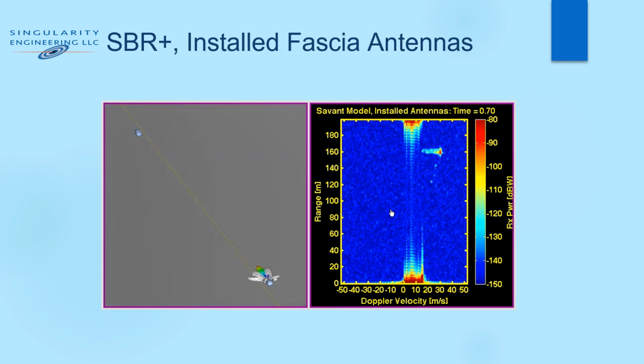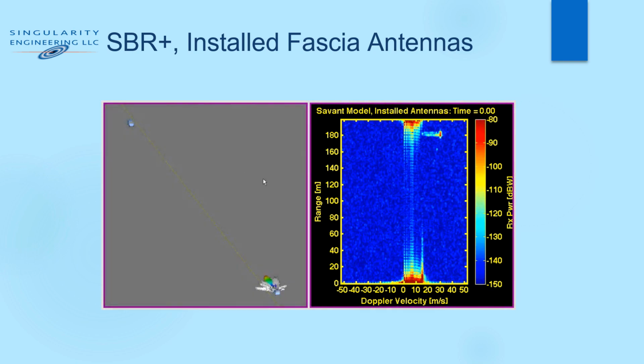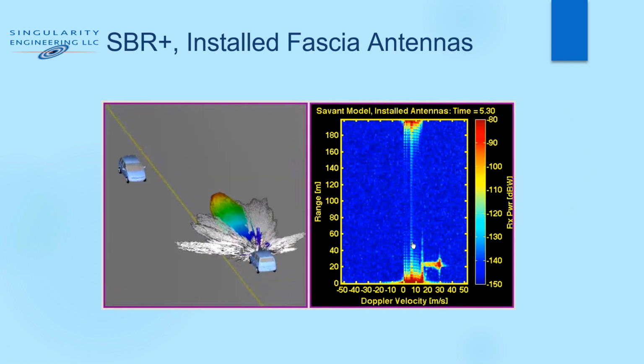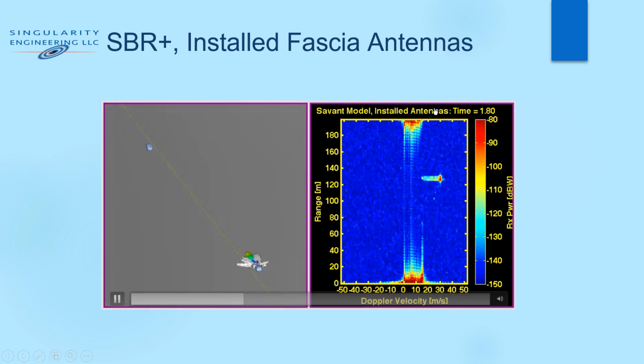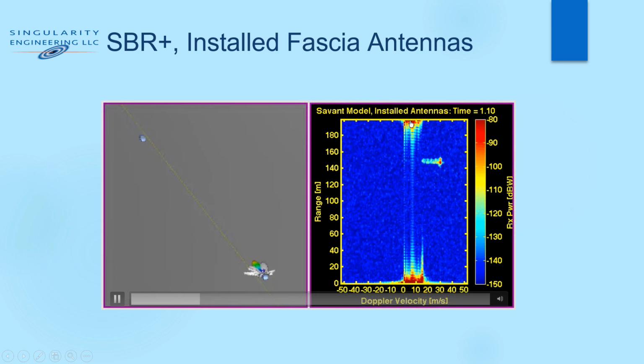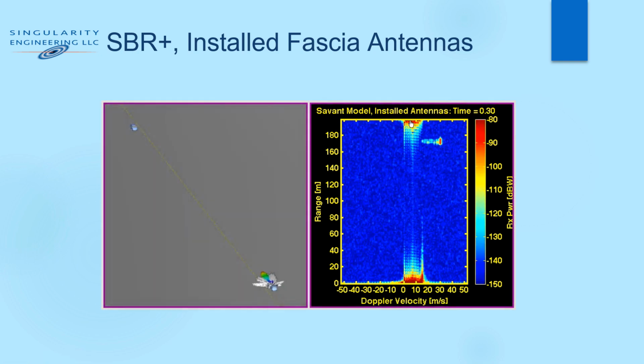What happens if we install this onto the fascia? After we install it on the fascia, we can see a lot of side lobes, and at the far end here, in our setup we didn't put anything at that point. So what is reflecting?